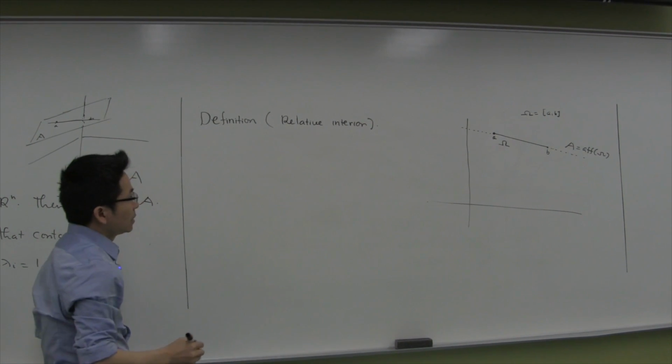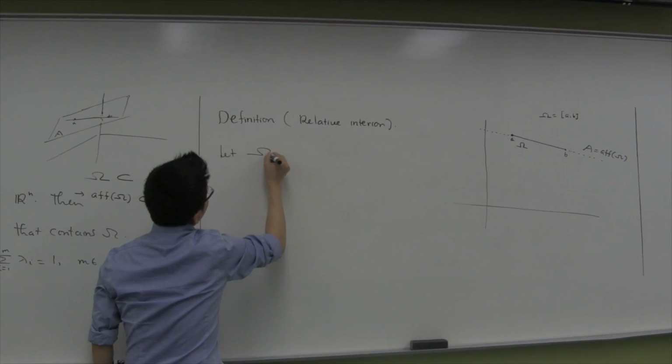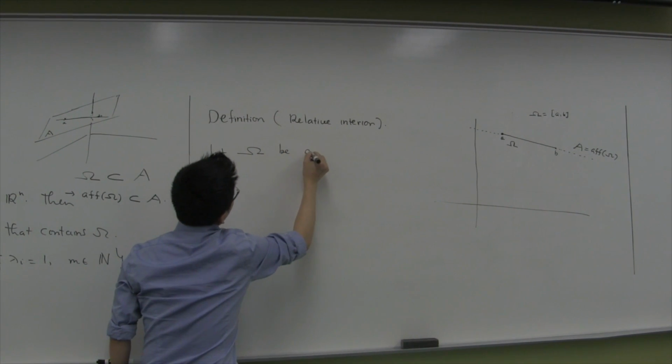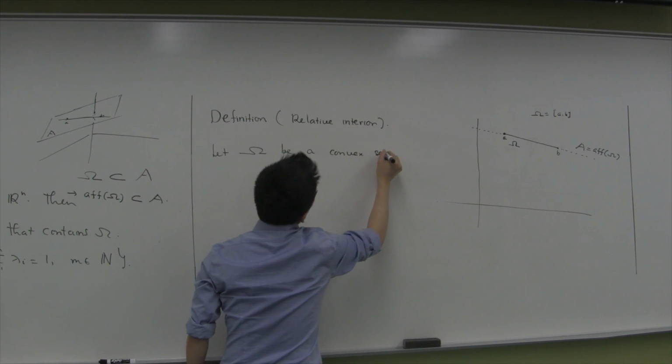Okay. Now, let omega be a convex set in R^n.